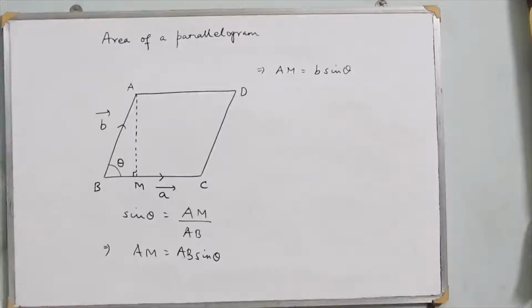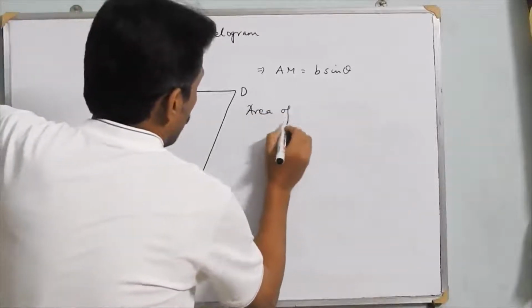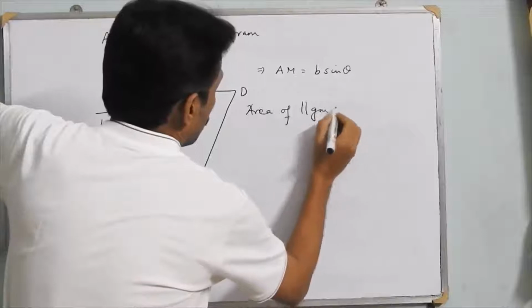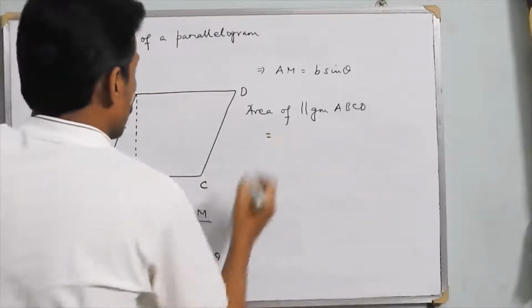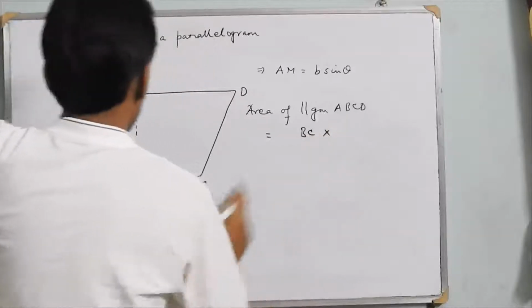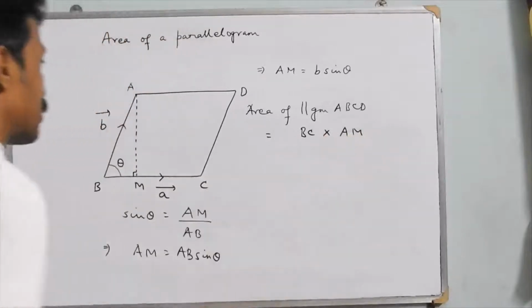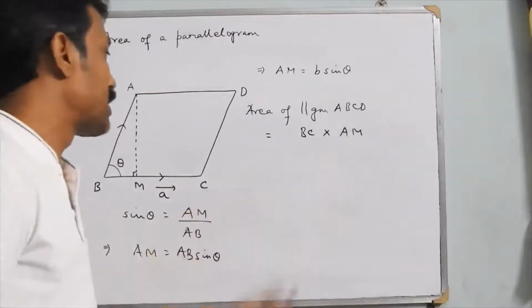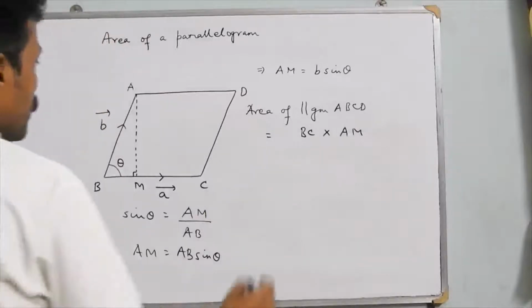Now the area of the parallelogram ABCD is equal to the base into the height, we know that. So area of parallelogram ABCD is equal to the base into the height, that is BC into AM. Obviously this is not the cross product, this is the multiplication of the two sides, the base into the height, BC into AM. What is BC?